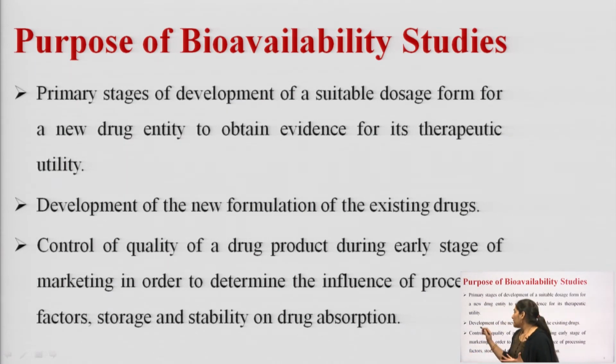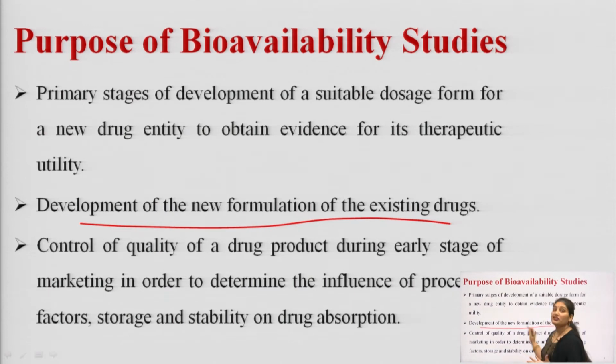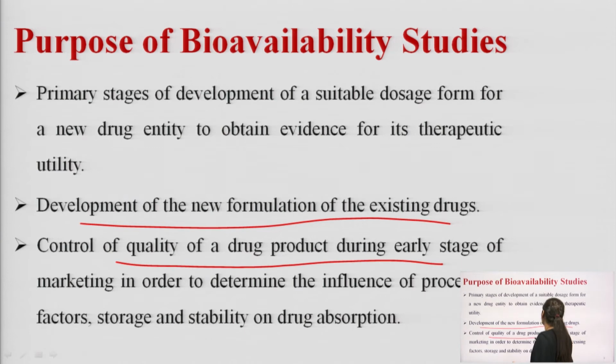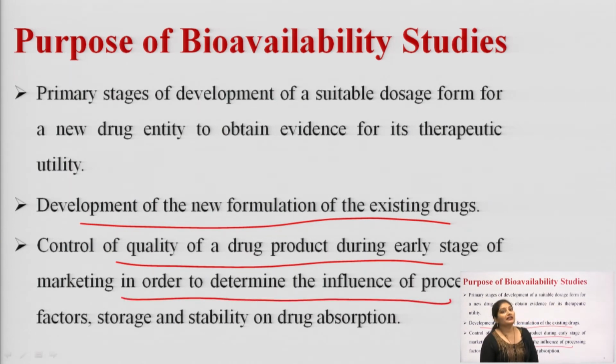Next is the development of the new formulation of the existing drug. If we are having a drug and for that we want to develop a new formulation, then also there is a need of bioavailability study. Okay. Third objective is control of quality of a drug product during the early stage of marketing in order to determine the influence of processing factors, storage and stability on the drug absorption.